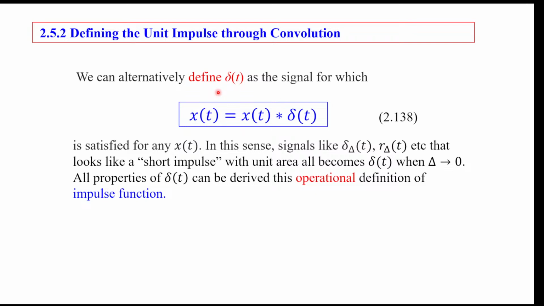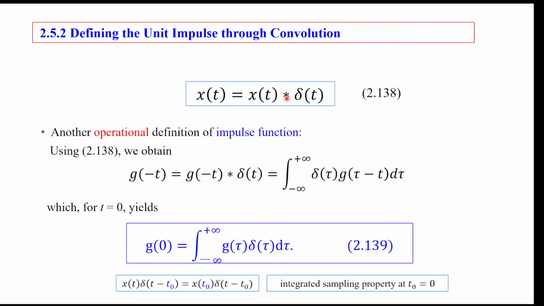We call this the operational definition of delta function because it is seen as an operation on other functions. Then you can do some mathematics to show that this operational definition gives us all the properties we know about delta function.